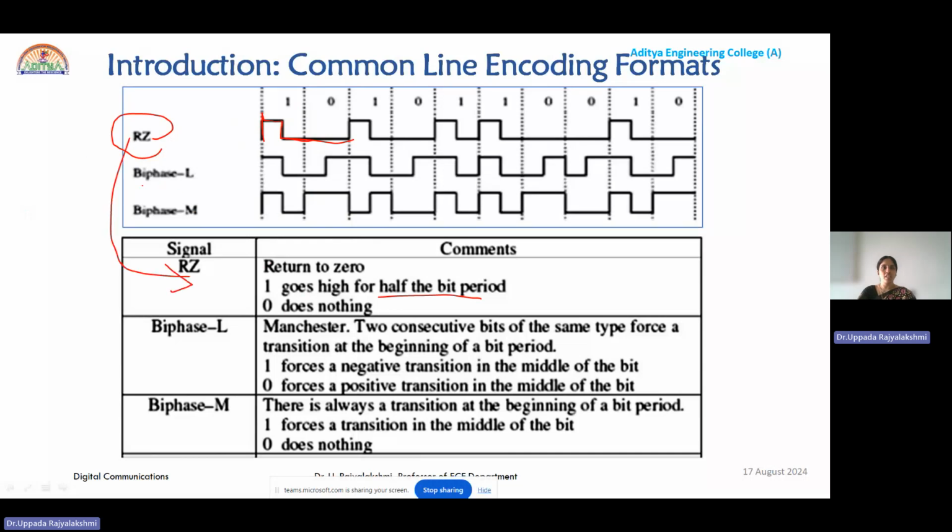And the next one is biphase line. The biphase line is also called Manchester coding. Here two consecutive bits of the same type force a transition at the beginning of the bit period.